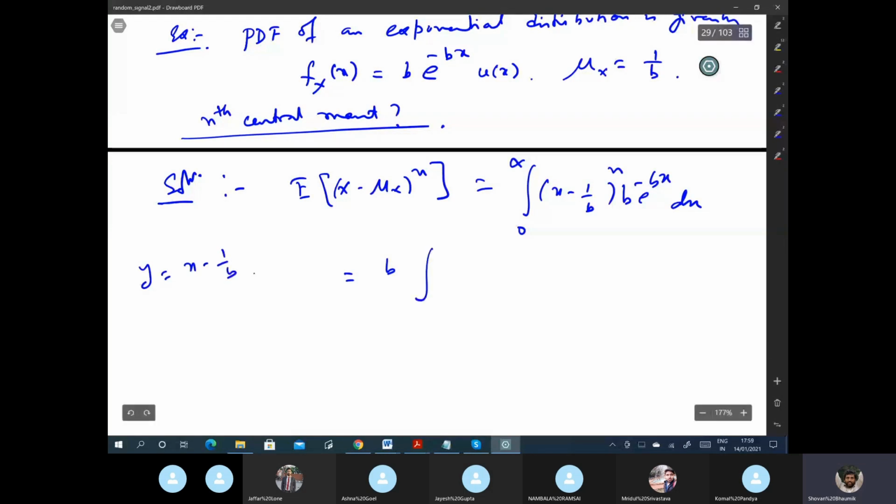So this will be y to the power n, and the limits: x equals 0 means y equals minus 1 by b, and infinity remains infinity. How do we integrate this? Any help from anybody?